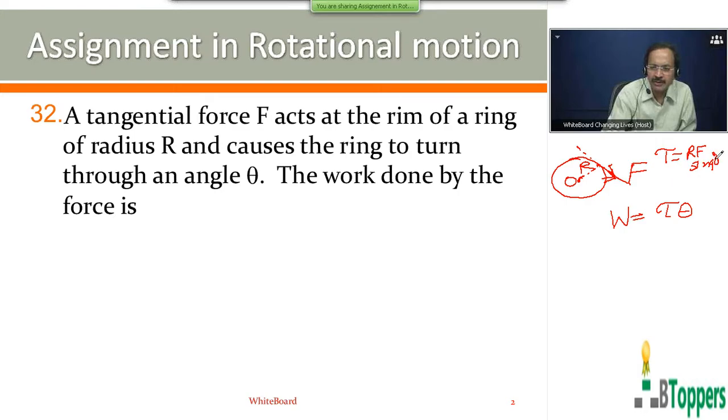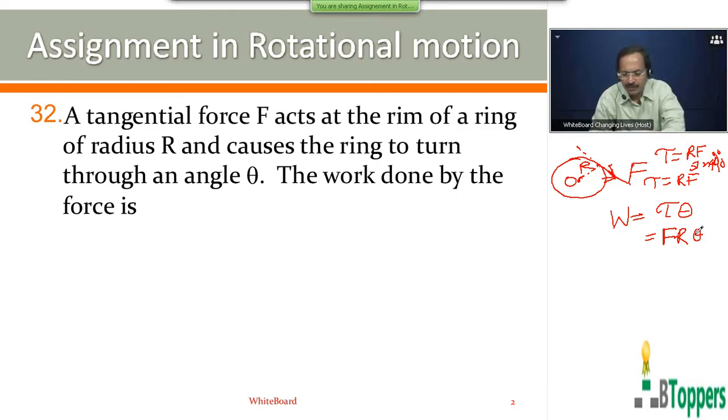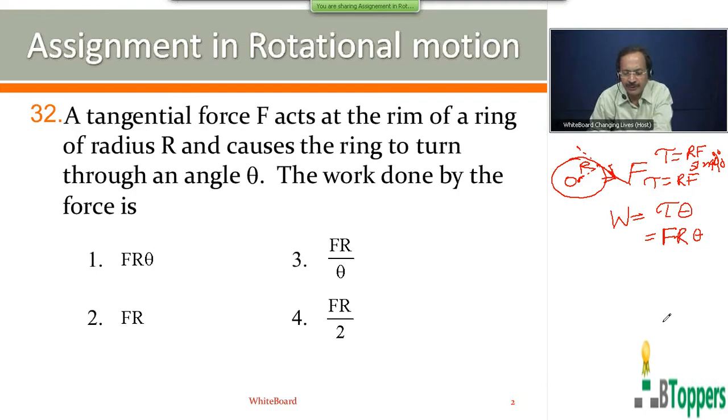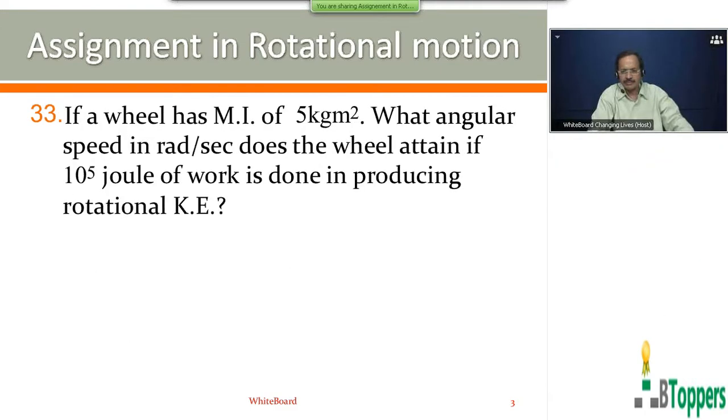So the magnitude of the torque is r into F, or F into r. So the work done can be written as F r theta. For question number 32, the first option is the answer.